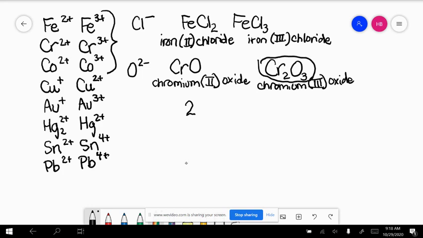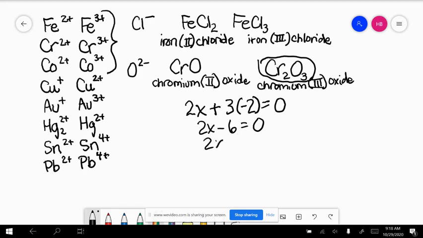I have 2 chromiums that I don't know what the charge is. I have 3 oxygens that I do know are -2 all the time by looking at my periodic table of ions. And it's a compound, so it is electrically neutral, so it adds up to 0. So if it helps you more, if you're still struggling with how to figure it out, you can do algebra.